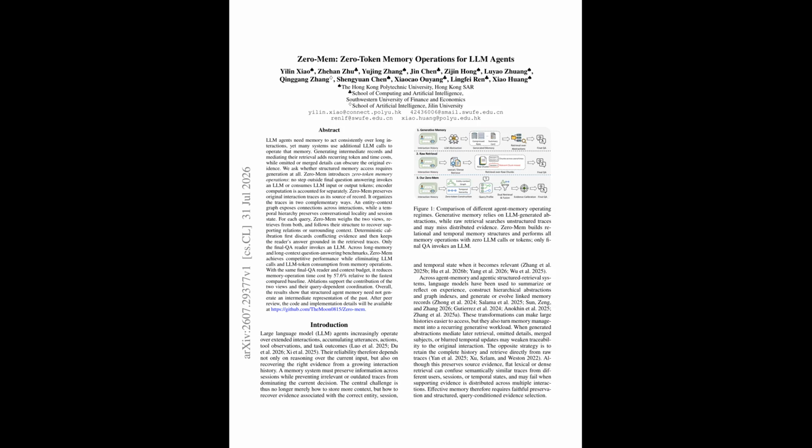Second, isn't the query profile itself doing something almost like language model work when it extracts subjects, keywords, answer types, and temporal cues? How is that free? Good catch. The profile is built deterministically from the query using pattern matching, part-of-speech heuristics, and small non-generative encoders, not by calling a large language model.